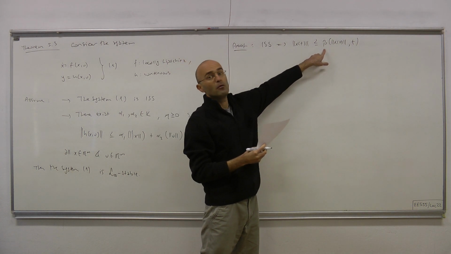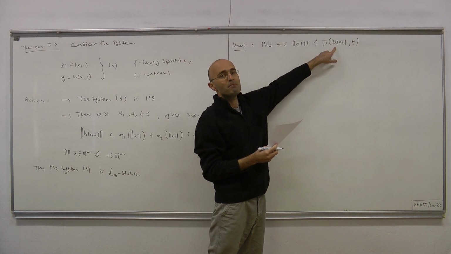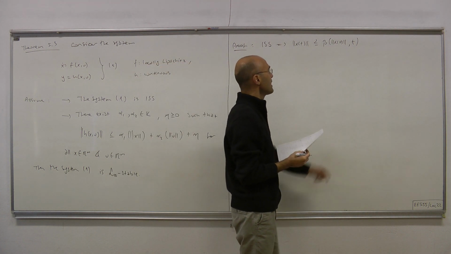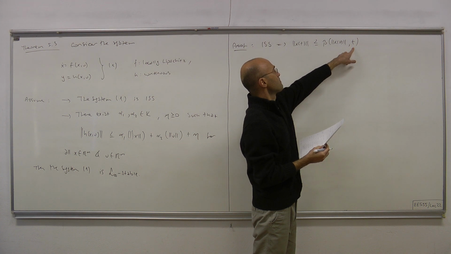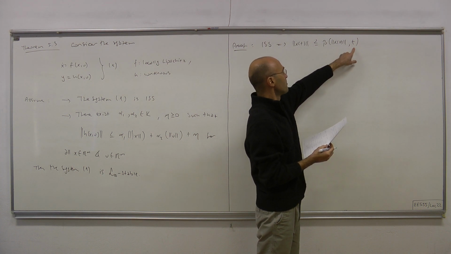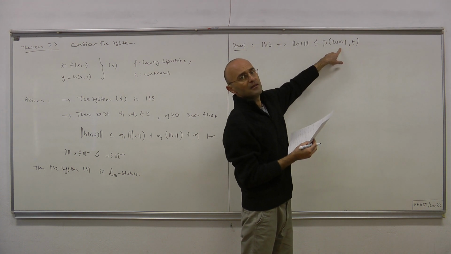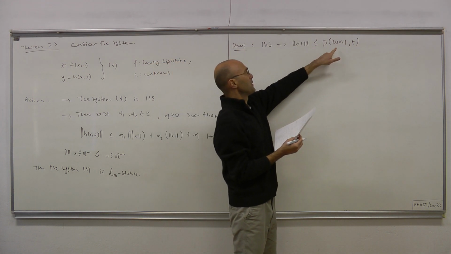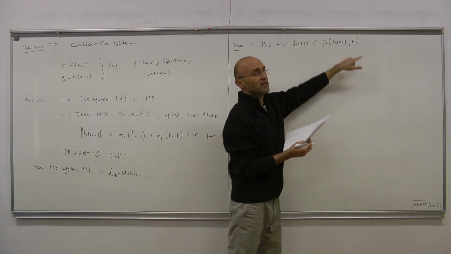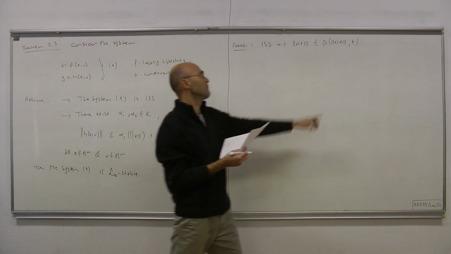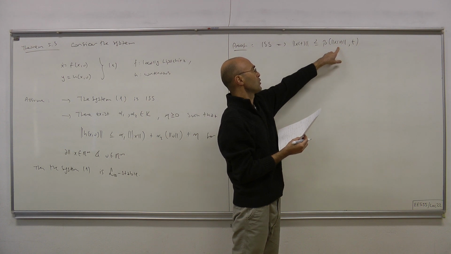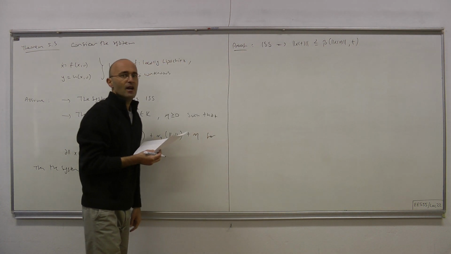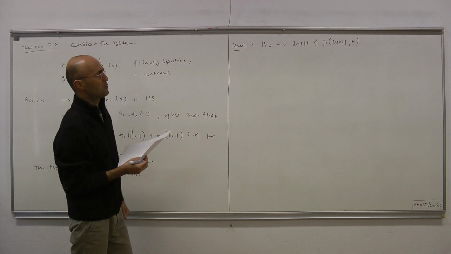Remember, this is a class KL function, continuous, zero at zero, non-decreasing with respect to its first argument when the second argument is held fixed, and when you fix the first argument, then it's non-increasing and converges to 0 with respect to the second argument.